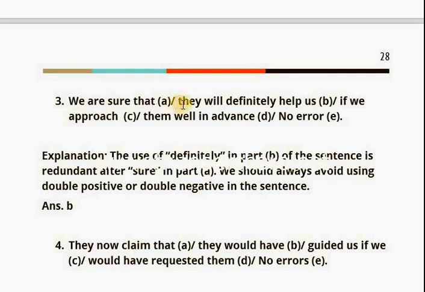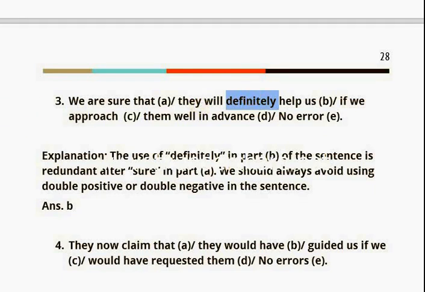We are sure that they will definitely help us if we approach them well in advance. In this sentence, prima facie, this sentence looks good, but if you look deep into it, you will find that 2 positive words have been used in this sentence.